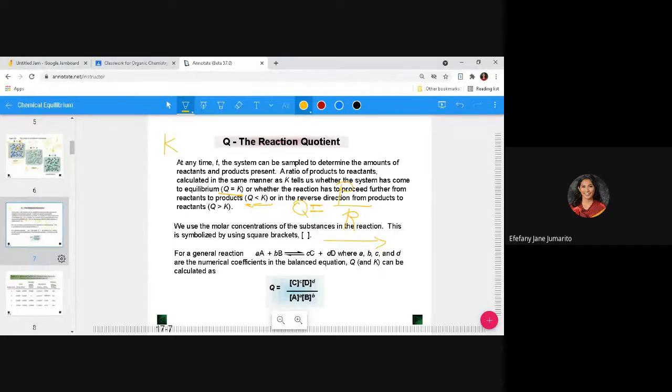So we have a general reaction. If this one is our general reaction, our Q will be this one. Question here.